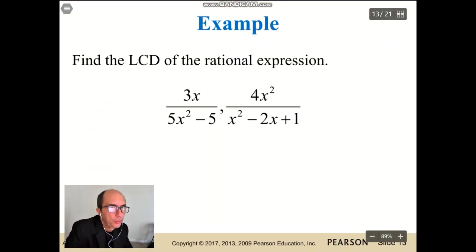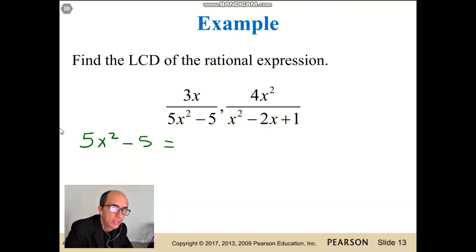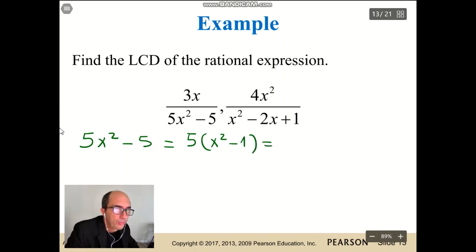One more example, and we have here 5x squared minus 5. Factoring it, we can see that we can factor out 5, right? 5 times x squared minus 1. And can we factor even more?